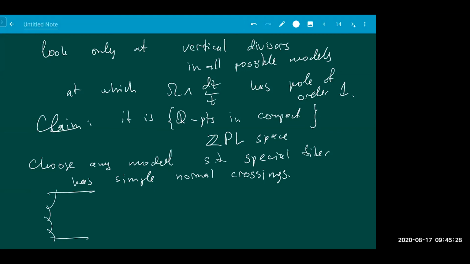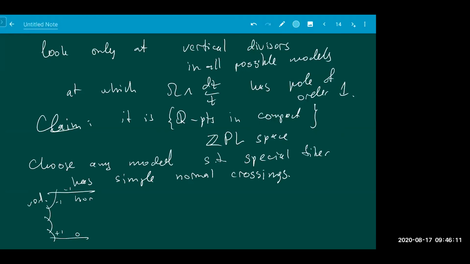So we get both vertical and horizontal divisors, and now consider the set of some divisors. My form will have poles of order 1. It's some pole of order 0 or pole of order 1, and so on. And what one should do is to make blow-ups only along the intersection of divisors where my form has a pole of order 1.